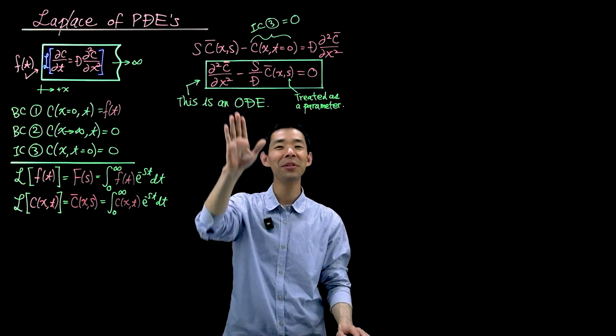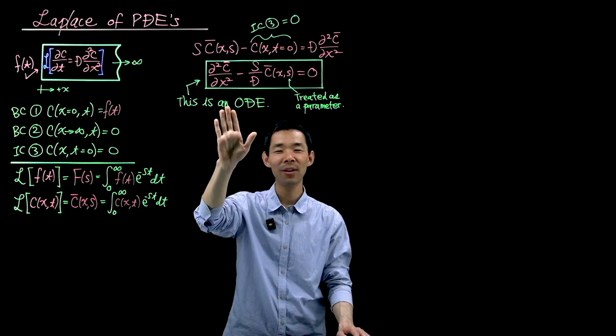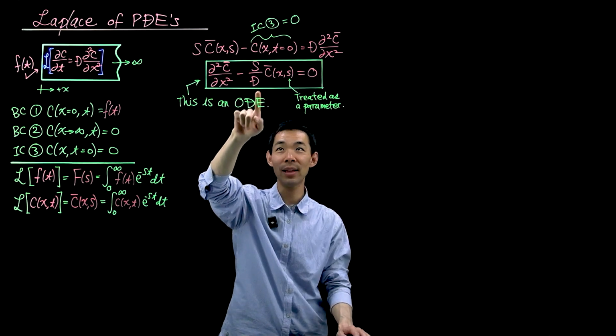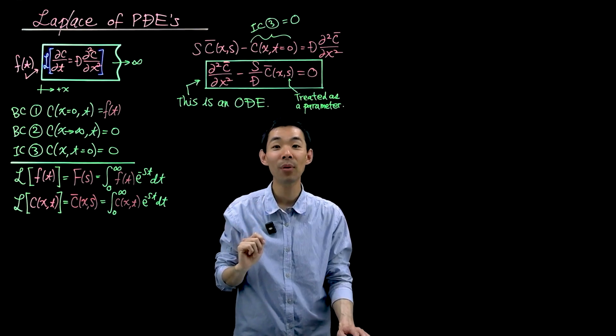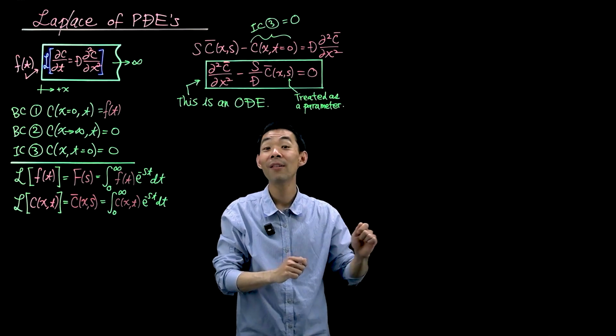Now, this equation is very easy to solve. It's a second order linear constant coefficient differential equation. It's constant because, again, s is treated as a parameter. So you can get your roots, characteristic equation, blah, blah, blah, find our solutions.